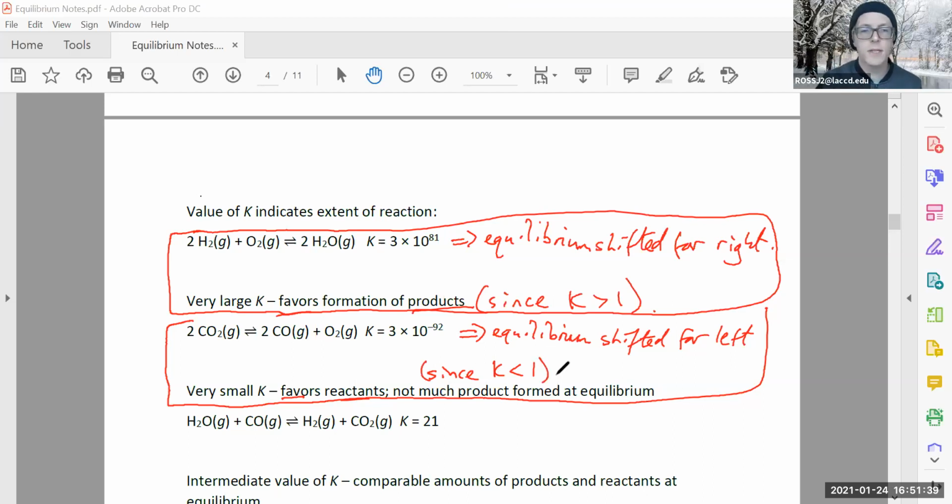So essentially, this reaction wouldn't happen. It doesn't mean it won't happen, because 10 to the negative 92 is very small, but it's not 0. You know, if you had 10 to the negative 92 dollars, yes, you would be broke, but you wouldn't have 0 cash. So it's still greater than 0, which is very, very small.